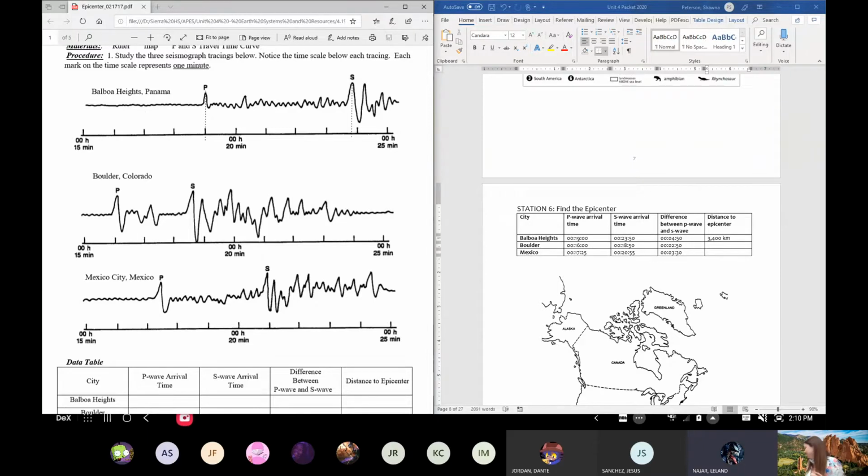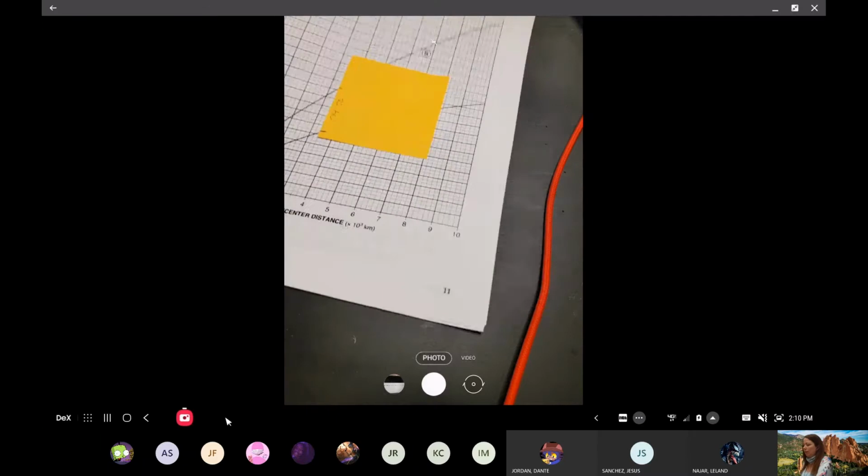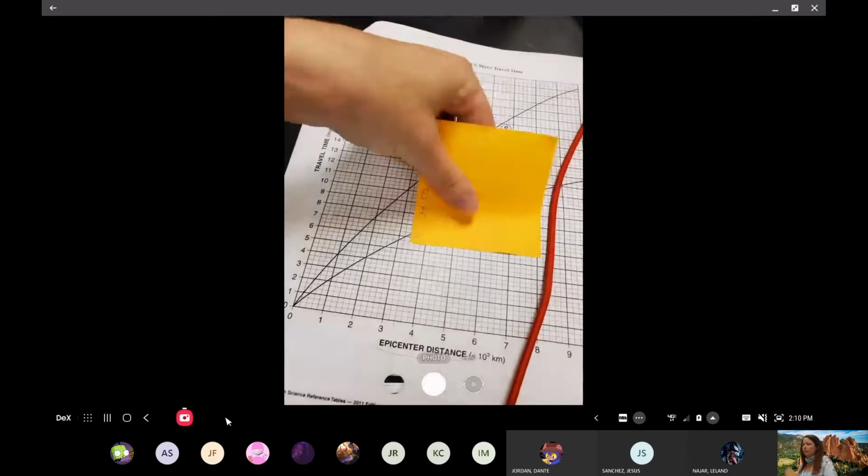No yawning. So we found it by finding the distance of the times. And then for the distance to epicenter is where we had to take that 4 minutes and 50 seconds and measure that out on this.